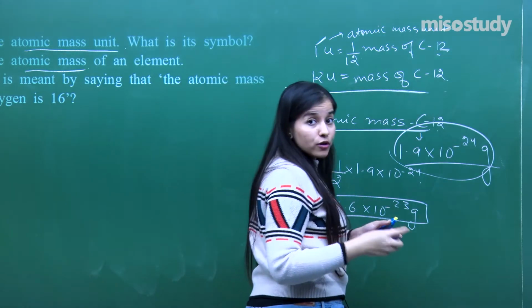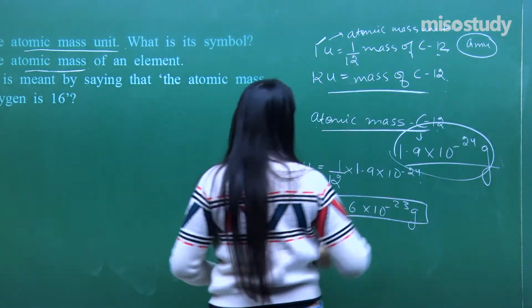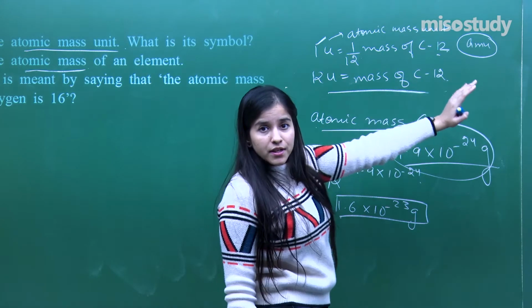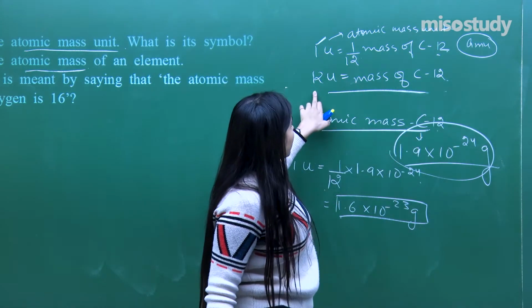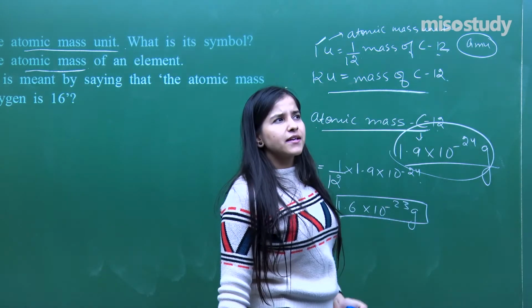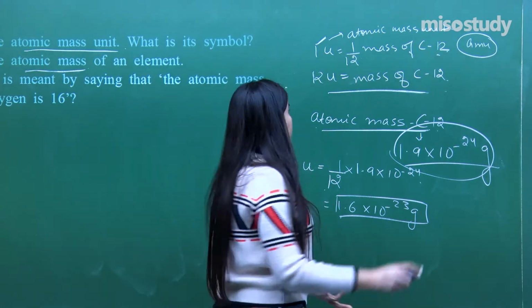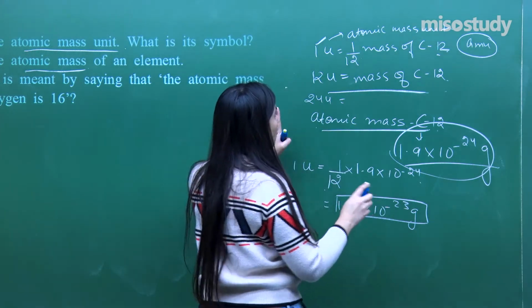Usually these days not AMU, but we call it as U. That's it. Units. 12 units, that means mass of the carbon 12. If we talk about any other element, let's say magnesium, 24 units it is. That means how much?